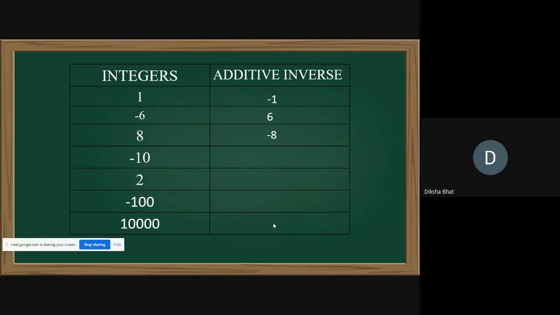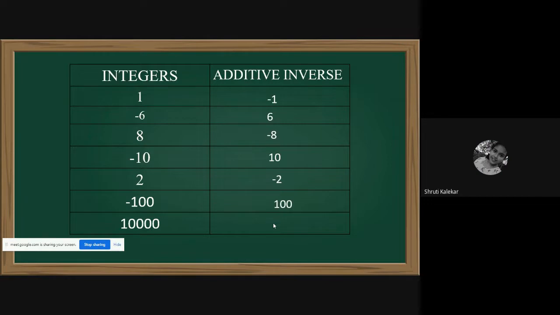Additive inverse of negative 10? 10. Yes. Additive inverse of 2? Minus 2. It's negative 2. Don't say minus 2. Additive inverse of negative 100? 100. Yes. Additive inverse of 10,000?